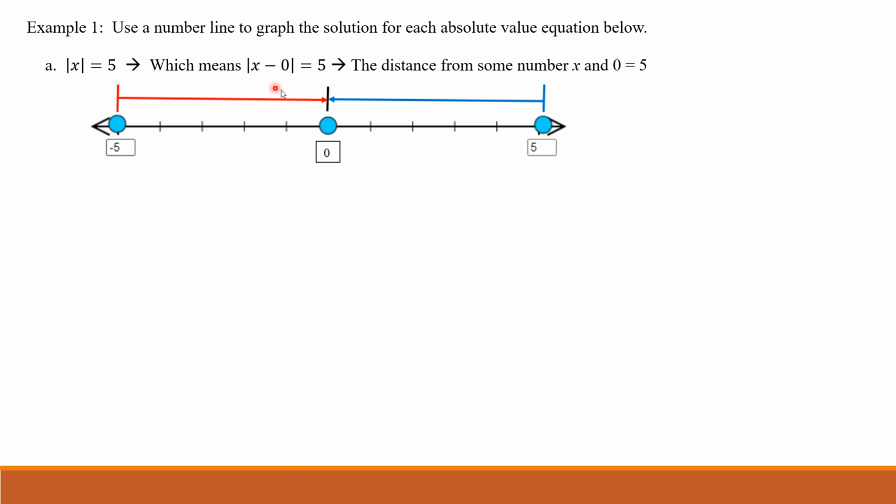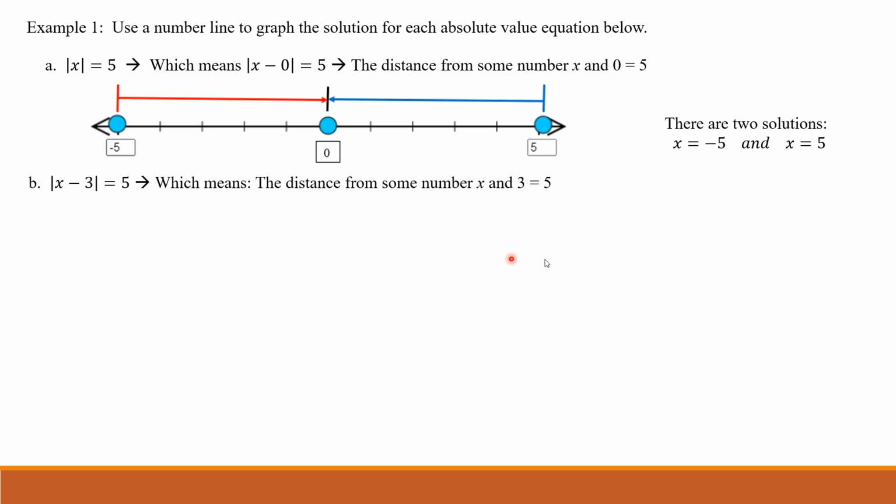So when the absolute value of x is equal to some constant, that constant is the distance that we move from our center point, which is 0. So 5 units to the left and 5 units to the right. There are two solutions. x could be -5 and x could be 5, because -5 is 5 units from 0 and 5 is 5 units from 0.